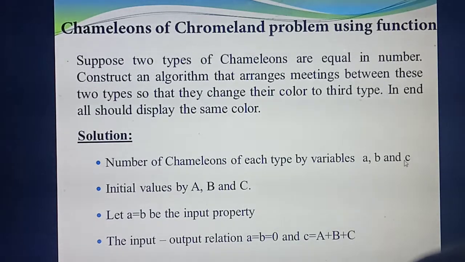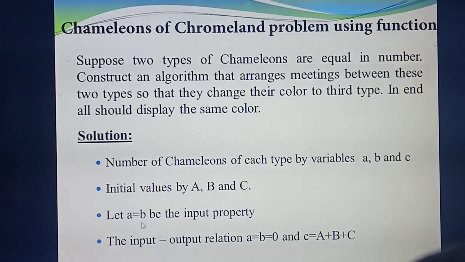A, B and C. Understood the first point? Then the initial values. Initially, what's the count? The initial values are given by the capital letters A, B and C. Understood? Next point.